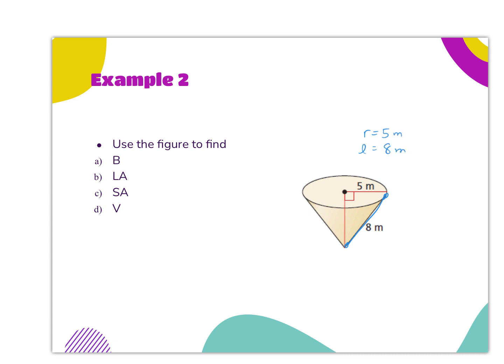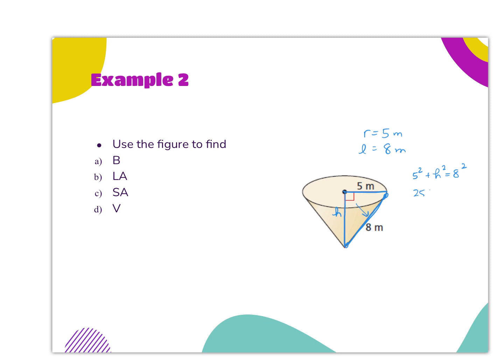Now, we know that we're going to need the height of this shape at some point. Notice that the radius, the slant height and the height form a right triangle. So you can find the height by using the Pythagorean theorem. 5 squared plus the height squared equals the slant height squared. Notice the slant height is the hypotenuse.